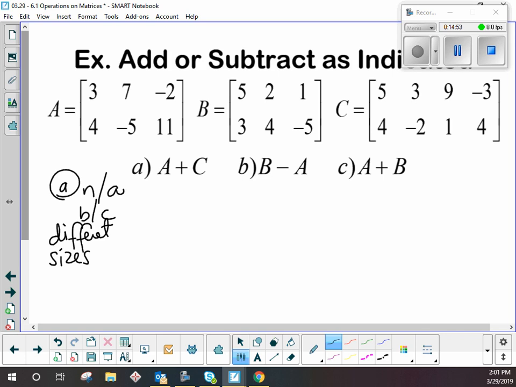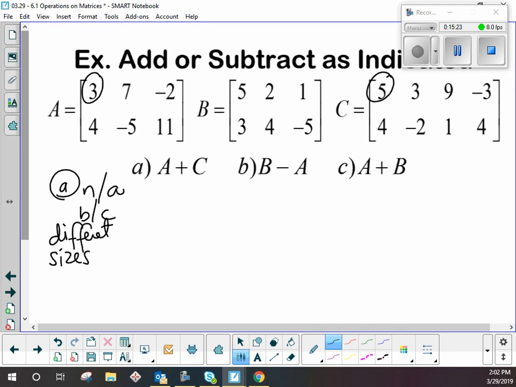In this case, A and C have different sizes, right? But I told you that to add, you have to add corresponding entries. Like you would have to add upper left to upper left. What problem would I run into if I wasn't paying attention and I tried adding A and C? I would have extra numbers that didn't match anywhere else, right? So that's why the dimensions have to be exactly the same.